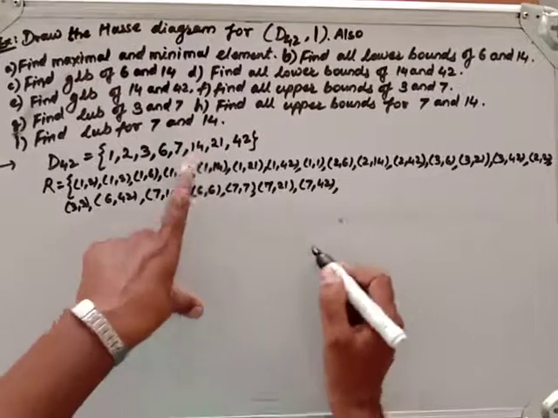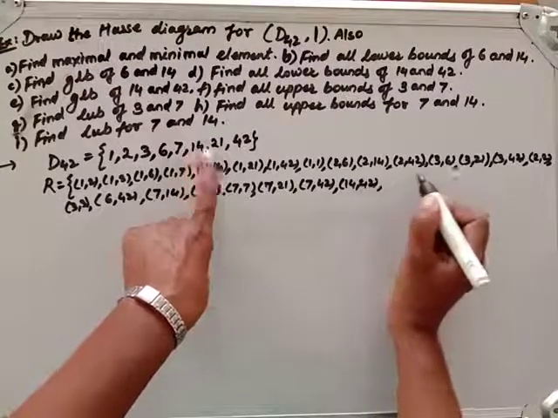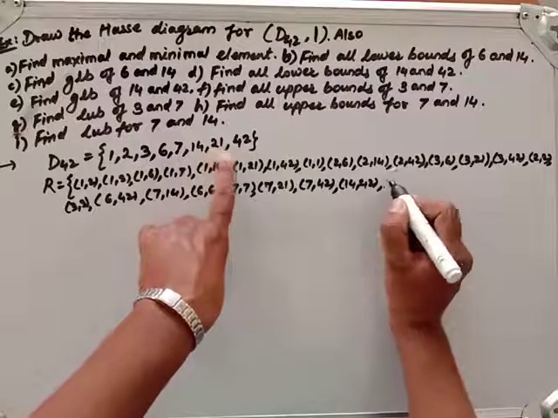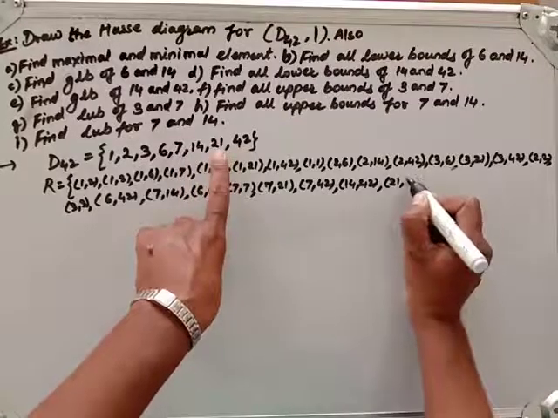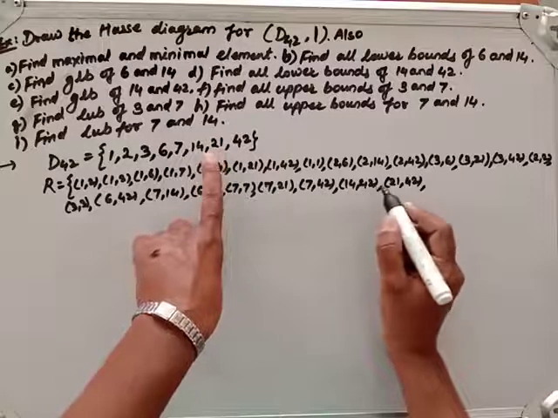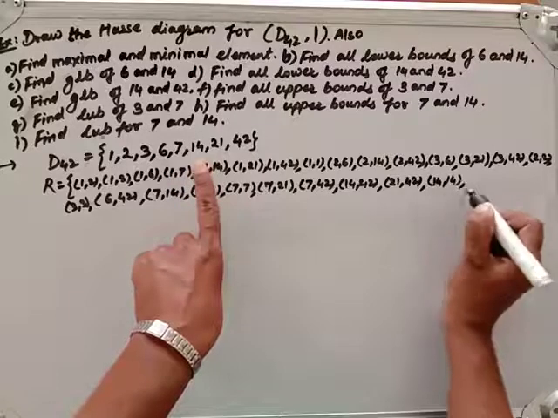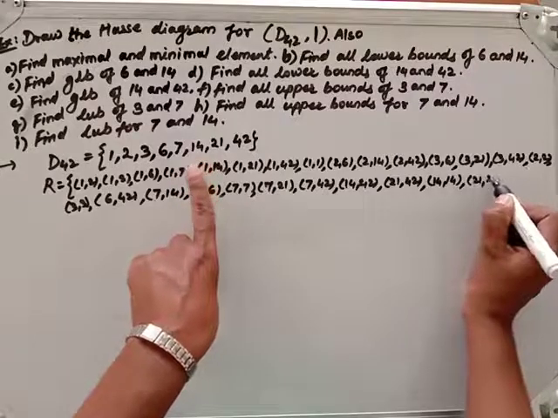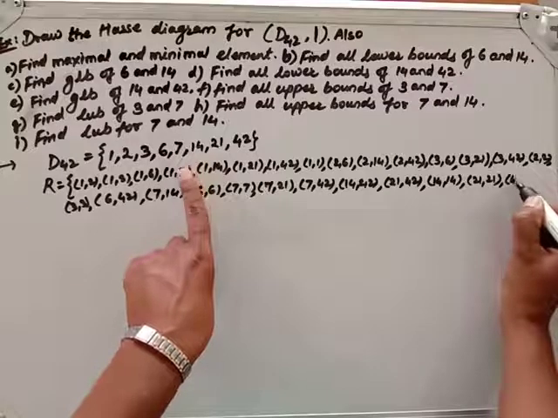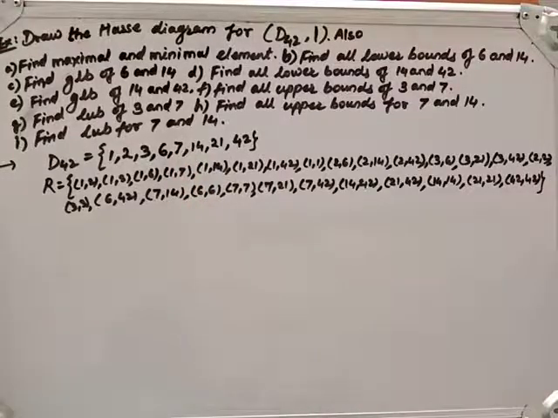Then 14 related to 42. 14 isn't related to 21, but 21 related to 42. Again, just like reflexivity, here also we write (14,14), (21,21) and (42,42). These many pairs are in this relation.